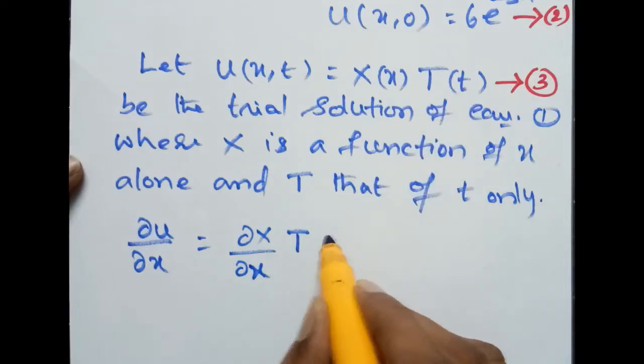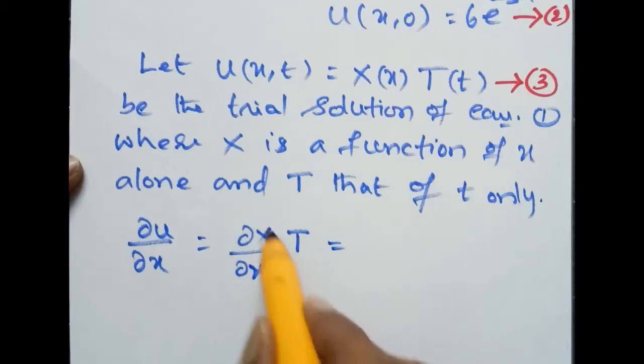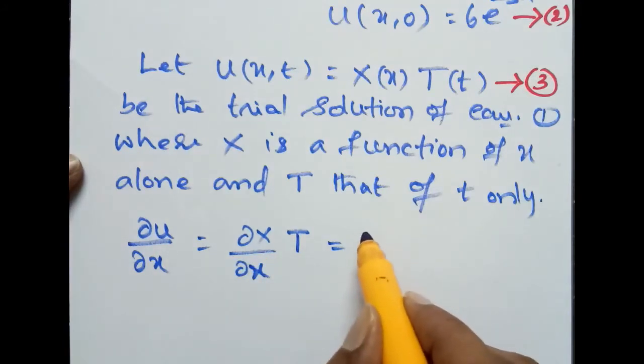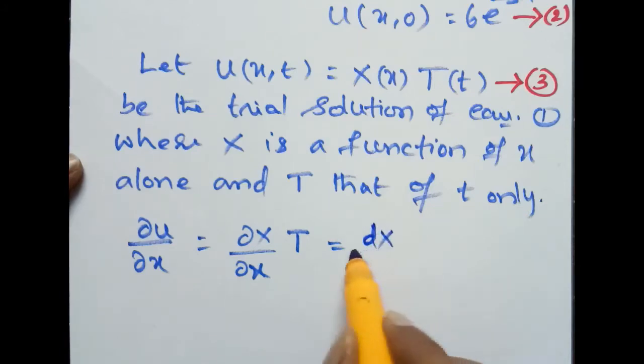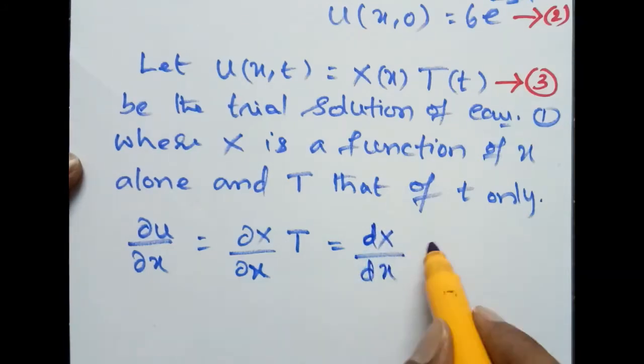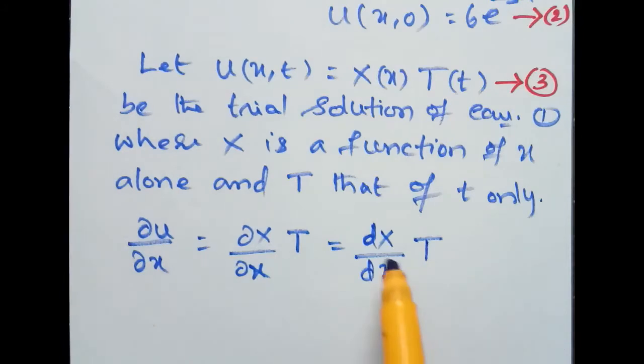Therefore this can be written as ∂X/∂x. We are differentiating capital X partially with respect to x. It is exactly equal to d/dx of X into T. Since X is a function of x alone, if you partially differentiate with respect to x, or take the ordinary derivative of X with respect to x, we will get the same answer.